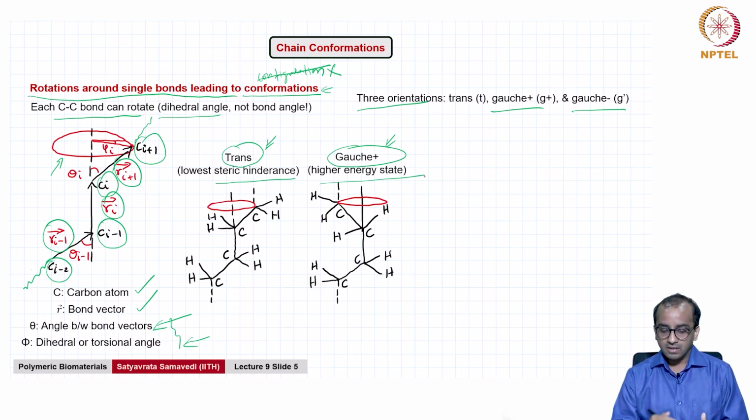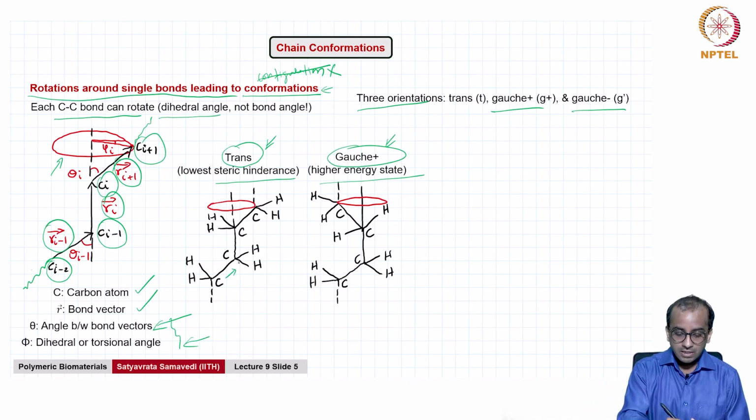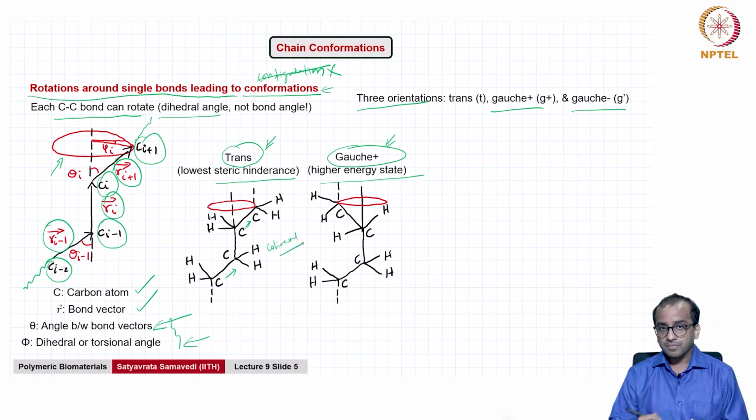The trans state represents a global minimum in the potential energy diagram, where you have the lowest steric hindrance, because the hydrogens along the carbon, if you look through the bond, are pointing in opposite directions, or in other words, these two bonds are what we would call collinear, resulting in least steric hindrance among all the conformations possible.